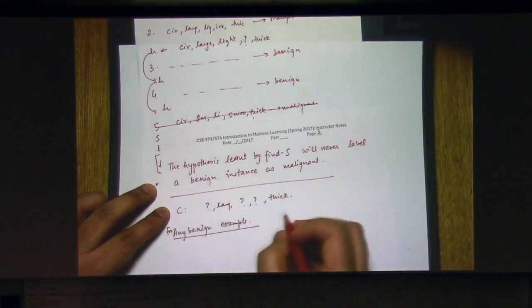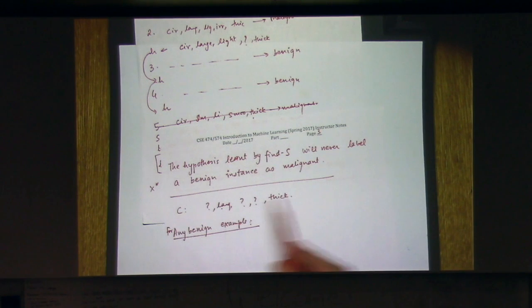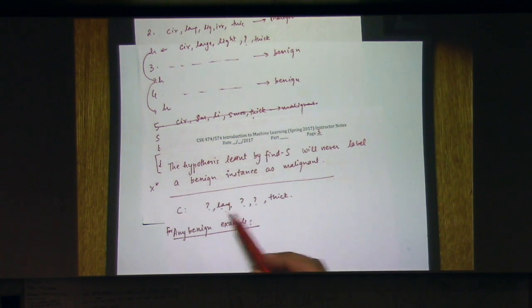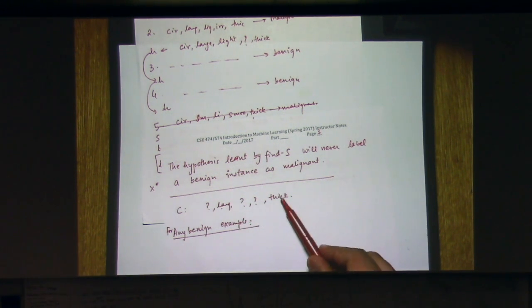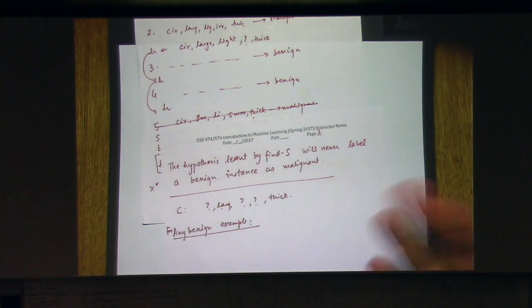For any benign example, at least one of these will be opposite. That's why it is labeled benign by this concept. You cannot have a benign example in which this is large and this is thick, because it becomes a malignant example. Either this will be small or this will be thin, or both will be different.